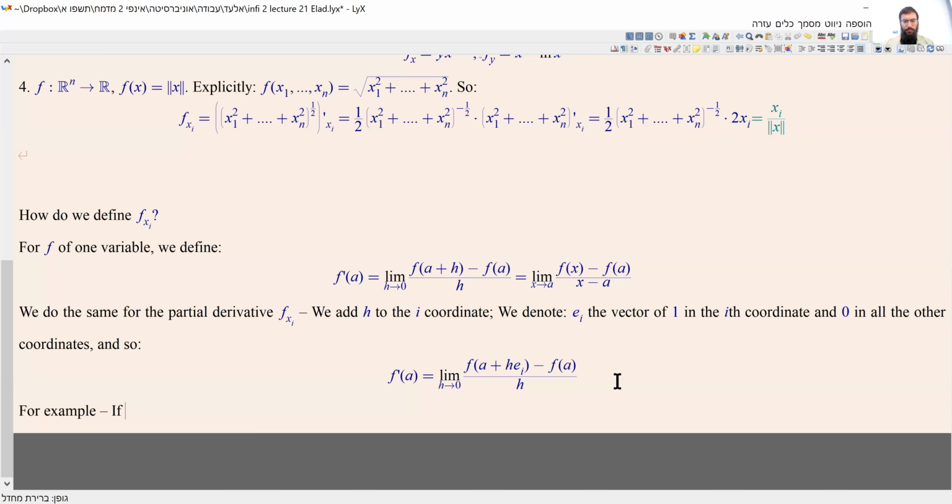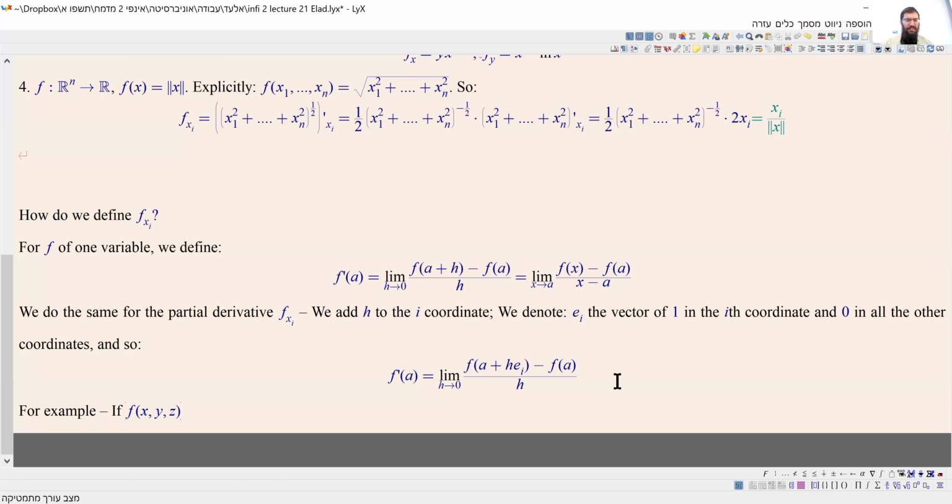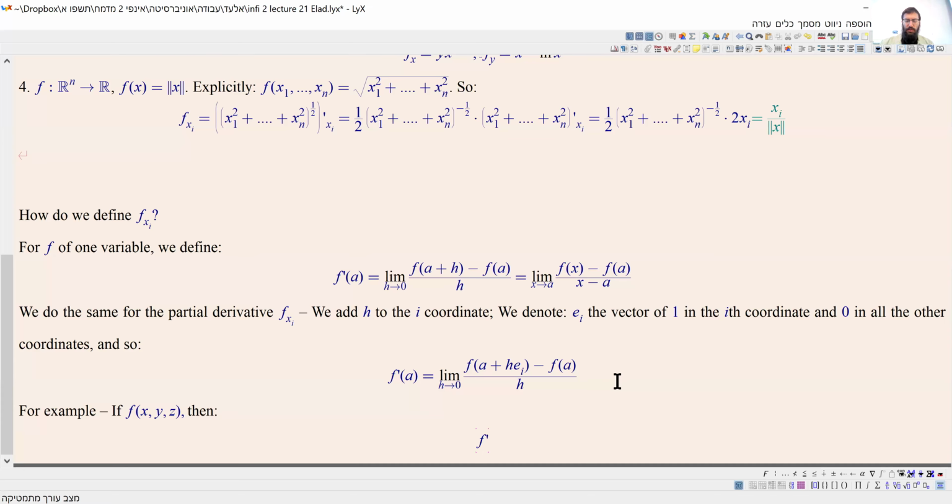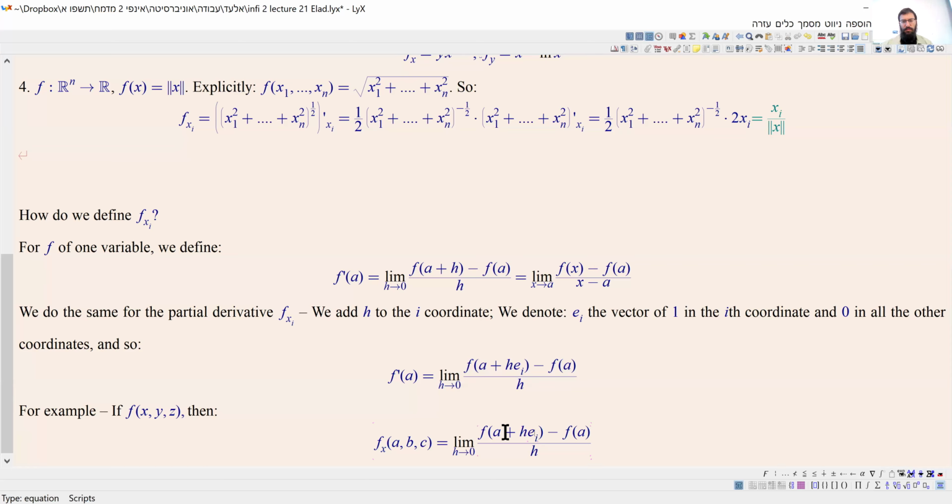For example, if f is a function of three variables x, y, z, then the derivative of f by x at some point (a, b, c) is the limit of f(a + h, b, c) minus f(a, b, c) over h.